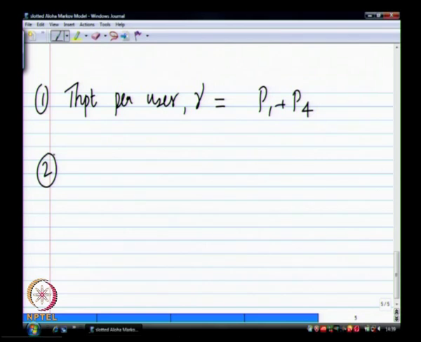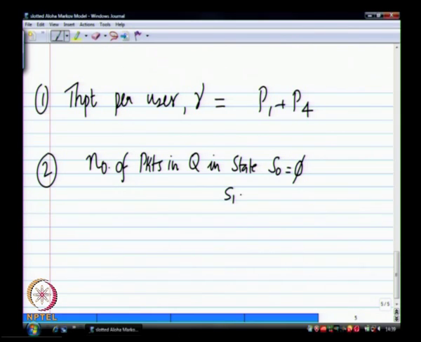Now the second one: what is the number of packets in each state? The number of packets in the queue in state S1 is 1.